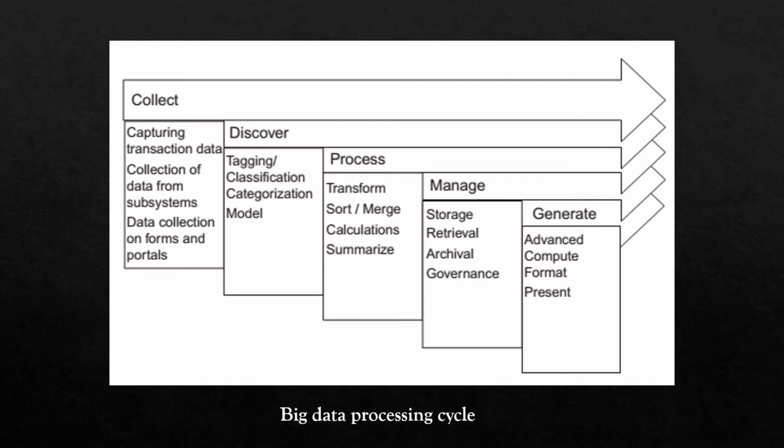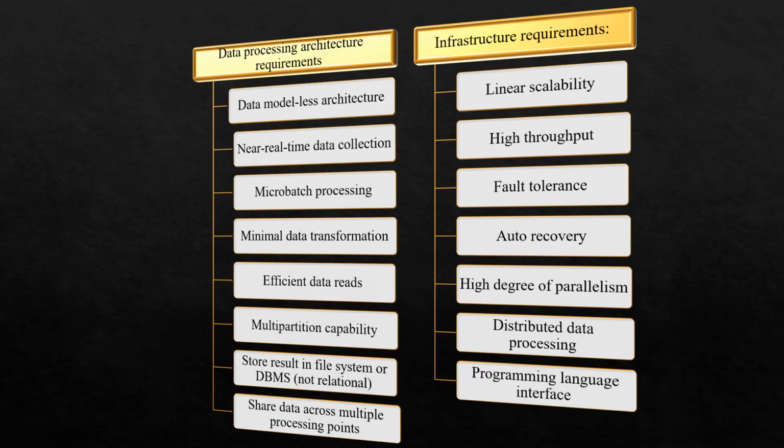For this slide, I'm going to explain more about the data processing architecture requirements and infrastructure requirements. For data processing architecture requirements, there are 8 requirements, all of which I'm going to explain in detail in the next slide. First, model-less. Second, near real-time data collection. Third is micro batch.